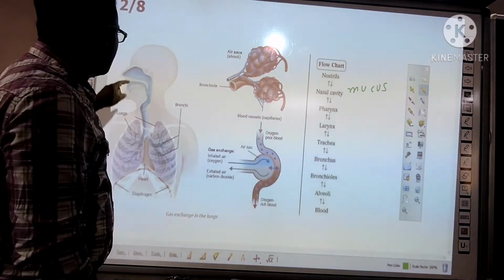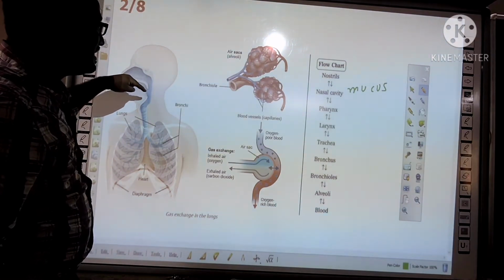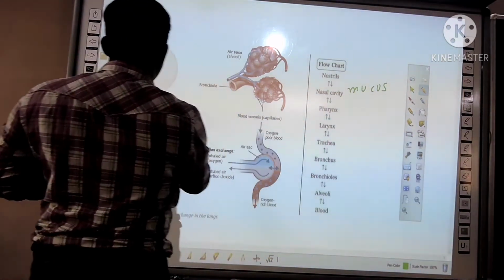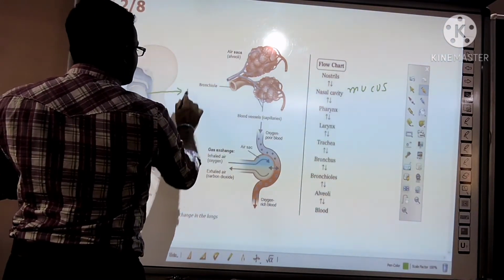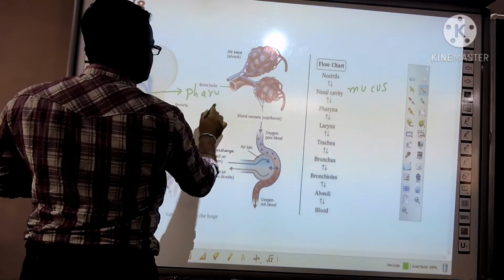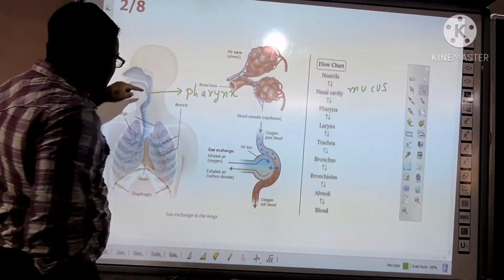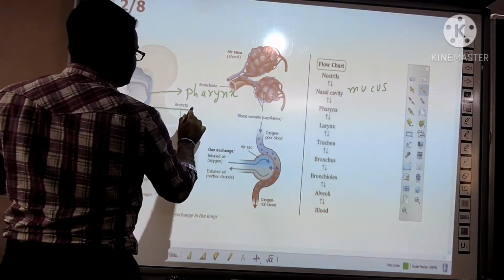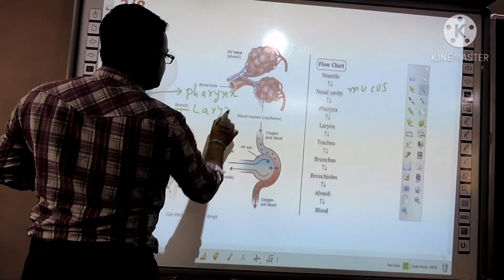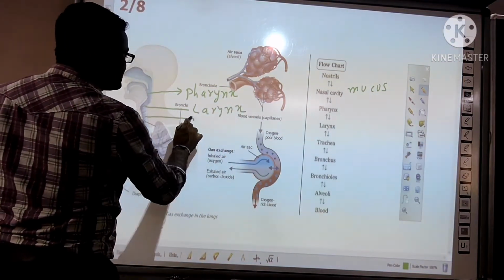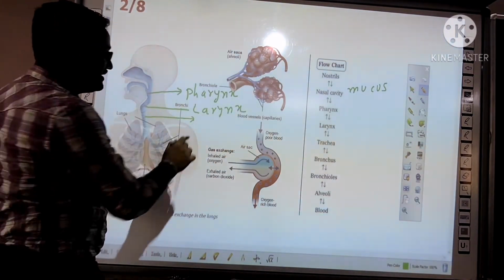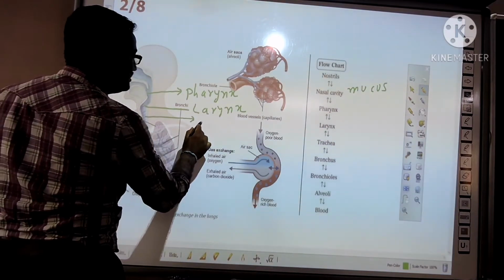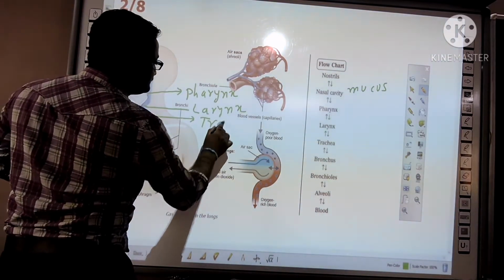The nasal cavity leads to another part, the pharynx. Now the pharynx leads to another part, the larynx. The larynx leads to another part, the windpipe or trachea.